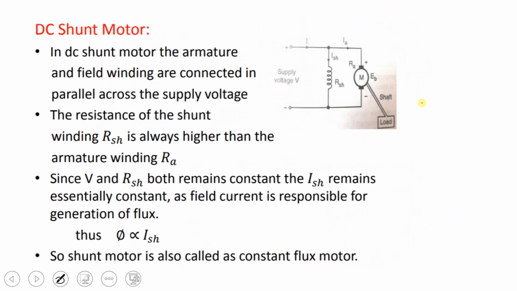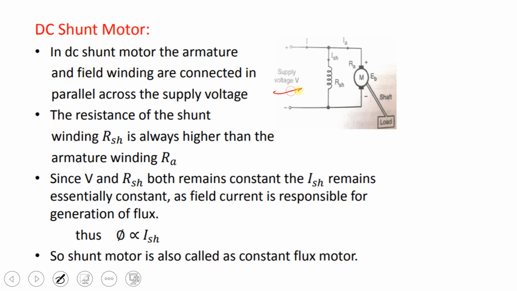Then first we are talking about the DC shunt motor. As I have told you, in this the field winding is connected in parallel with the armature. The current through the shunt field winding is not the same as the current in the armature. So in the DC shunt motor, the armature and field windings are connected in parallel across the supply voltage.